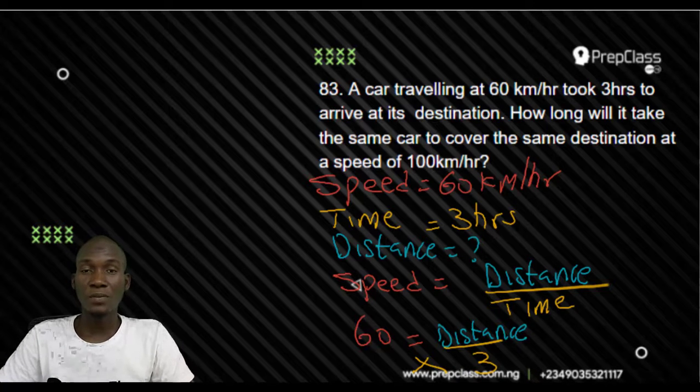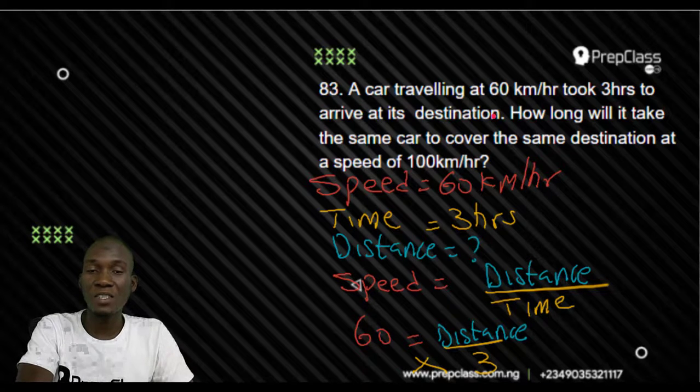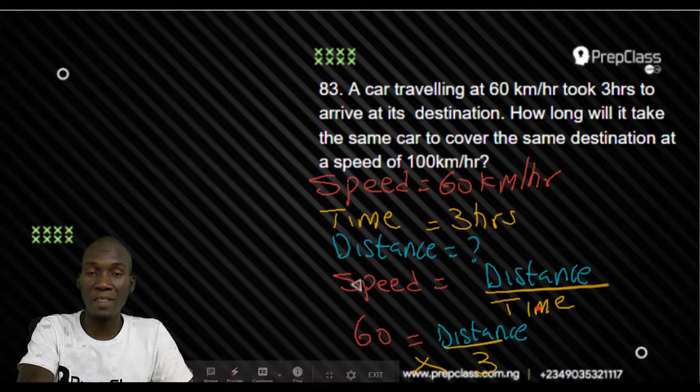Now from the question, a car traveling at 60 km/h. So the first speed here is 60 km/h. It took 3 hours to arrive at its destination. So the time is 3 hours. The distance we don't know, so we use the formula speed equals distance over time.